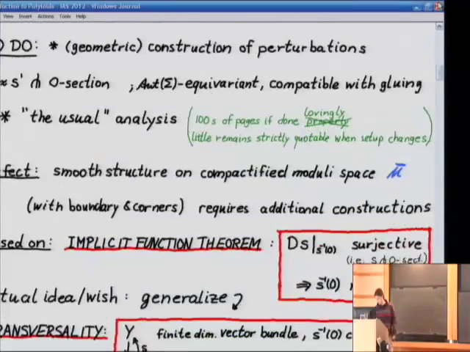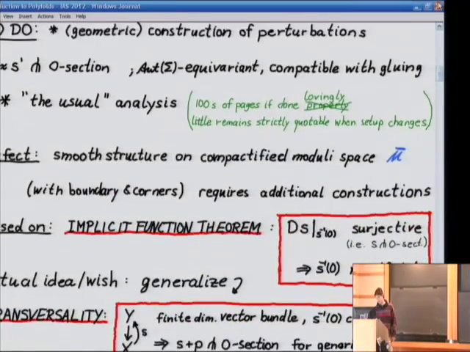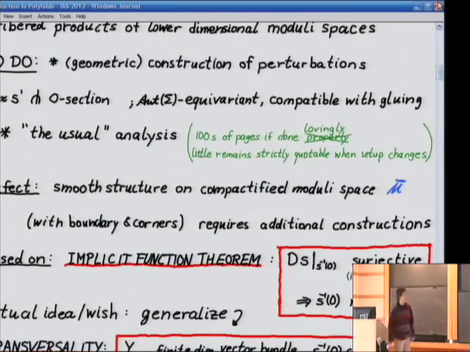And the other defect, I think, is that it just really doesn't use a lot of machinery, a lot of hands-on. We'll use the Sard-Smale theorem, and then mainly it just uses the standard implicit function theorem. We want to make the differential of our section on the zero set surjective, then the zero set is a smooth manifold of the dimension given by the Fredholm index.